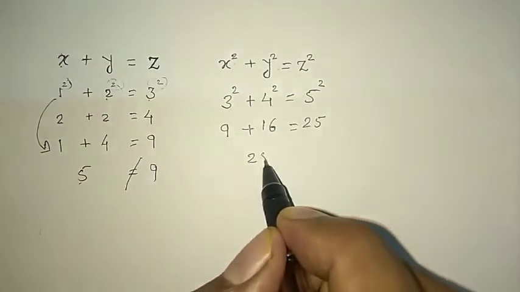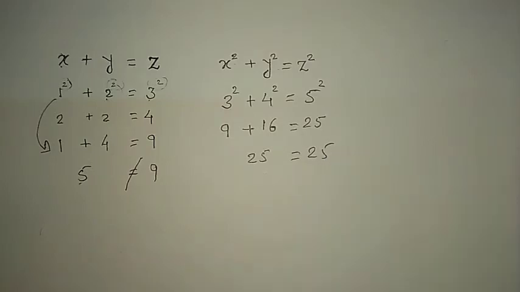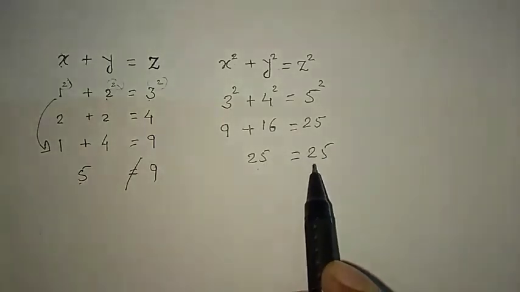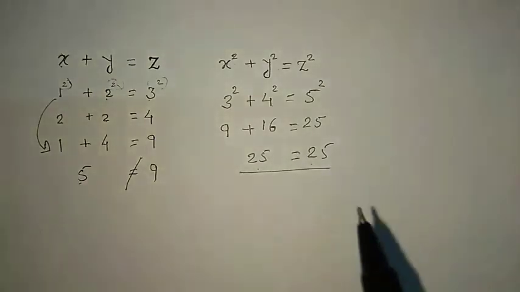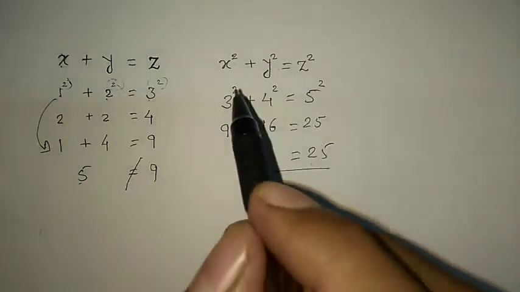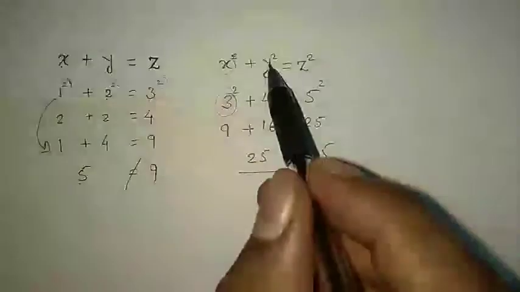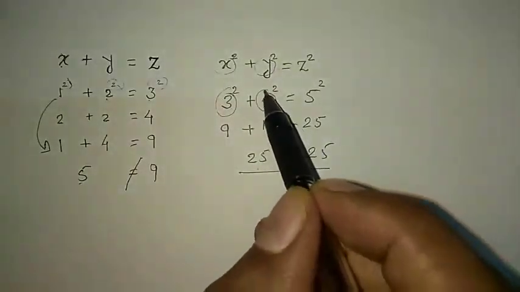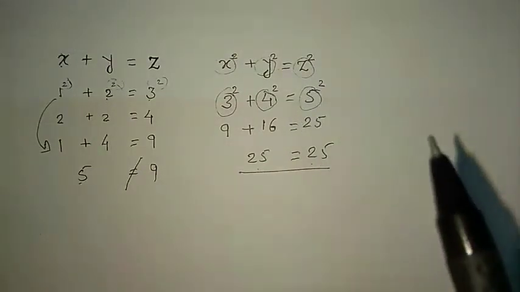Yes, it is 25 equal to 25. So the left side and right side become equal. We took the value of x as 3, the value of y as 4, and the value of z as 5.